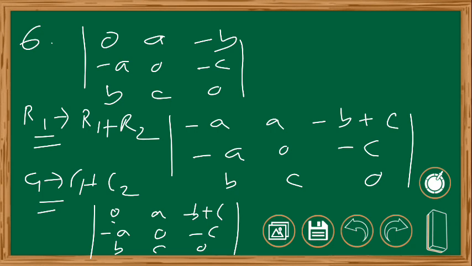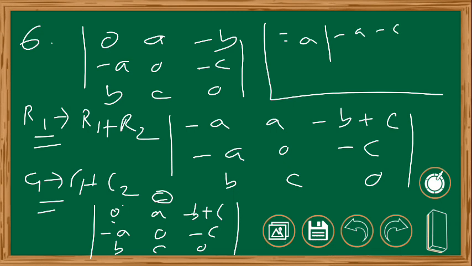So if I expand, I am just using this part of the board, please see. If I expand, then 0 has nothing to do, this one will be plus and this one will be minus here, so minus b plus c. Now a, you remove the row and column containing a, right? So what will be left here? Minus a, minus c, and here what is left is b and 0.